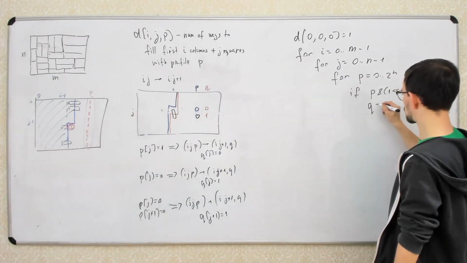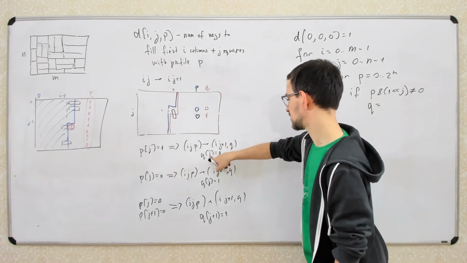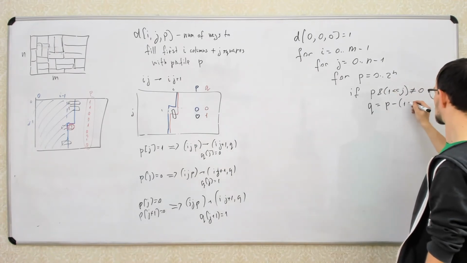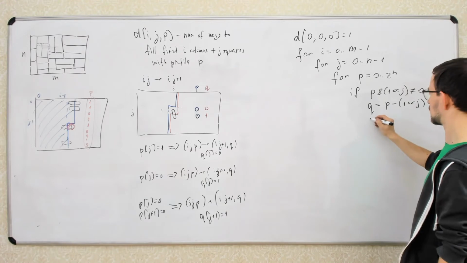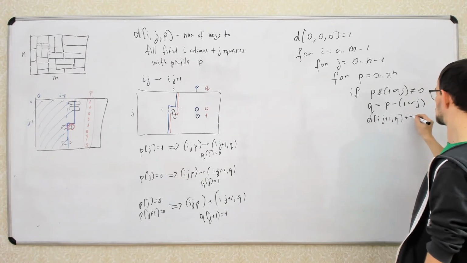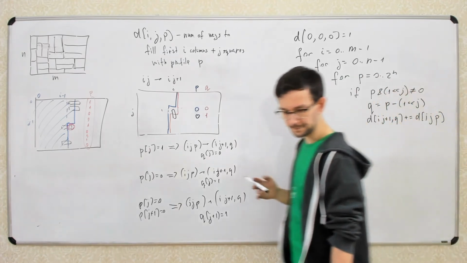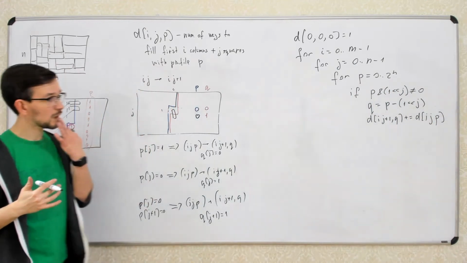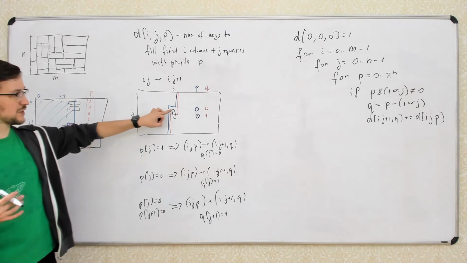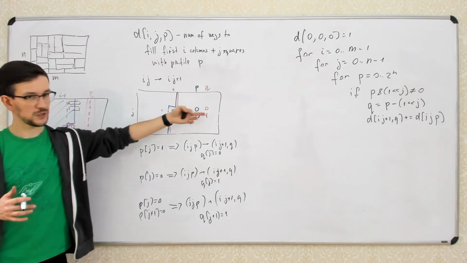So q must be the same as p, but this bit must be turned to 0, so q will be p minus 1 shifted by j, and we'll have d[i][j plus 1][q] plus equal d[i][j][p], like this. That's all. That's the first option. So if this square is not empty, we just move to the next profile and set this bit to 0.